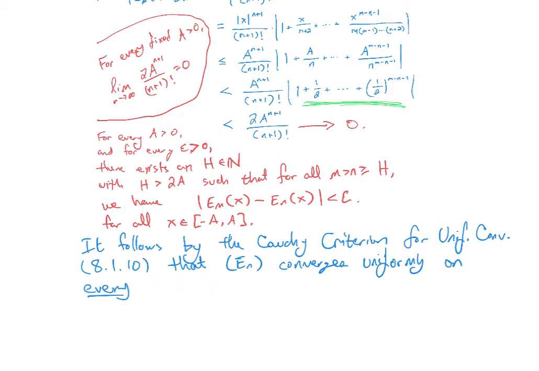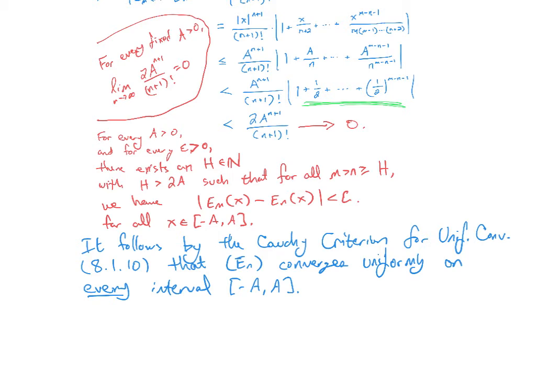So when we talk about uniform convergence, it has to be uniformly converging to something, because when we did it in class, we had a function already that we were saying it converged to, but now we don't even know that function exists. Well, this is what the Cauchy criterion buys us.